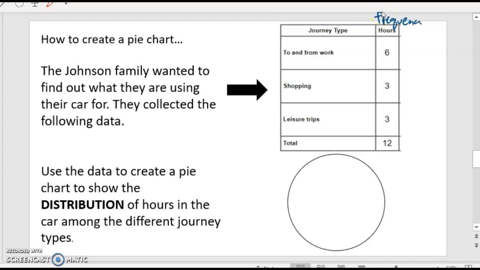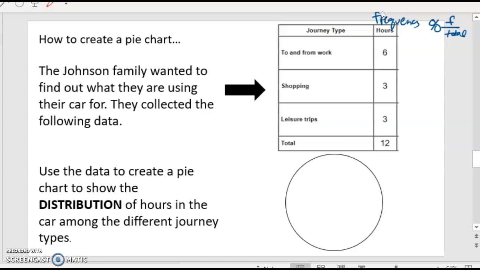So I've got a frequency of what they're choosing the car categories for, and I use the total to find the percent. For the percent, you take the frequency over the total. So that's going to be 6 over 12, 3 over 12, and I think that these percentages are pretty easy to find. 6 over 12 is 50%, 3 over 12 is 25%, 25%.